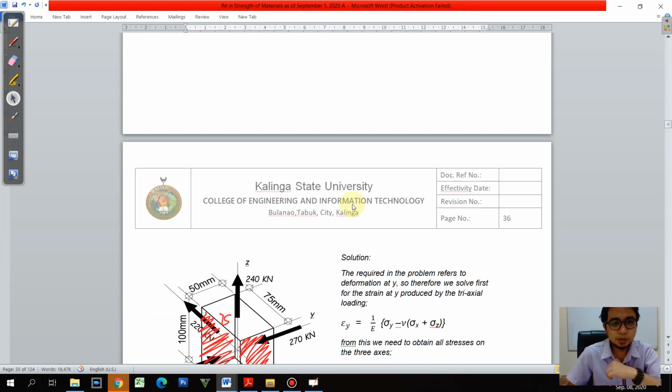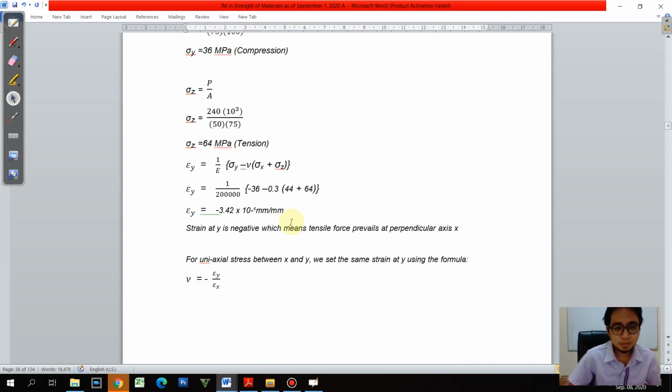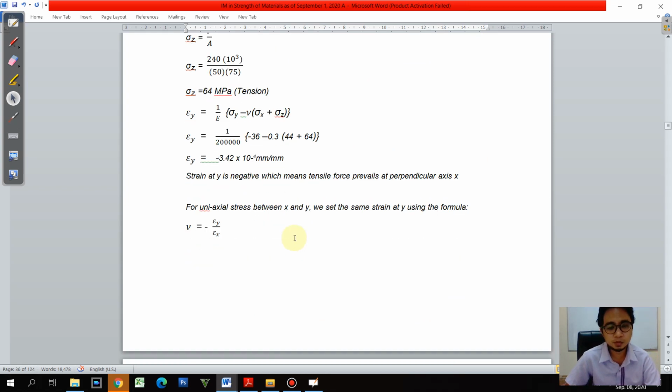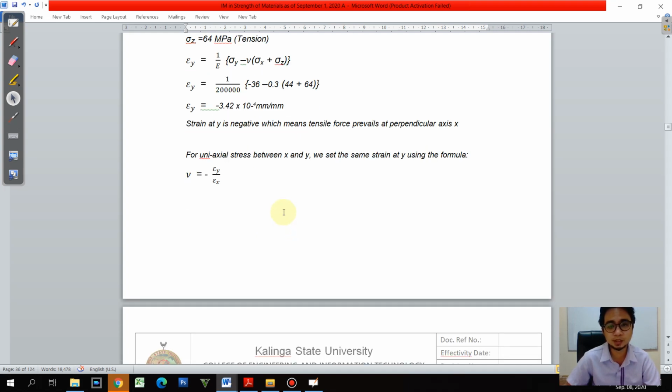So, now that our strain is known for the y-axis, ang tanong, ano daw yung katumbas na force that will be applied along x when we have a uniaxial condition or stress between x and y? So, we will go back to the formula involving the uniaxial stress, which is the ratio of the lateral axis to the longitudinal axis.